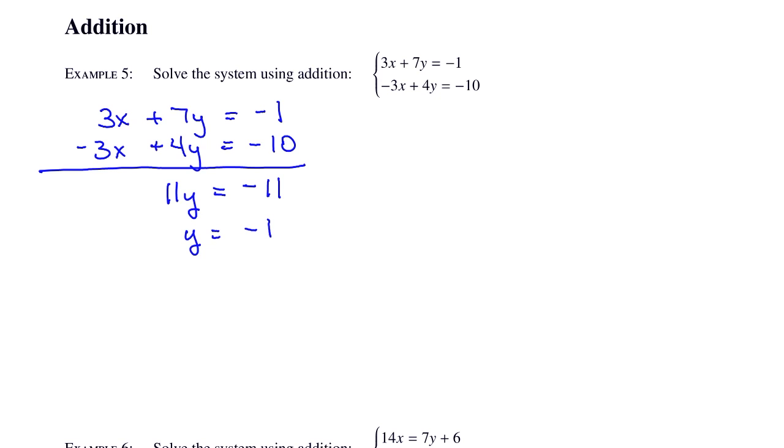And then you just substitute that new value, y = -1, into one of the equations, your choice, and you solve for x. So I'll put it into the first one here. So 3x + 7 times negative 1 equals negative 1. 3x - 7 = -1.